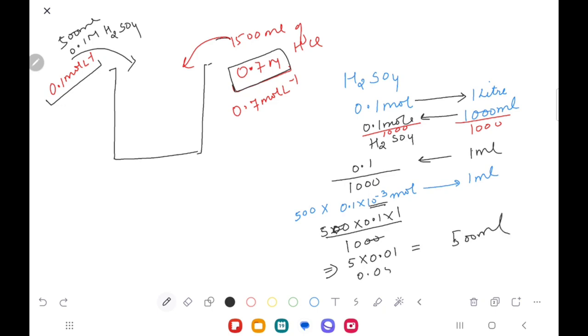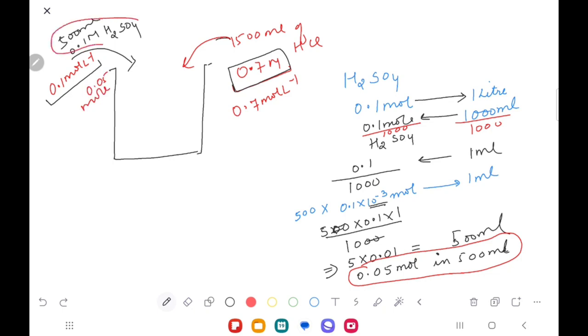So thereby it shall be 0.05 moles in 500 ml. Are you understanding my point? That is the concept. So my point here is that I have 0.05 moles of H2SO4 coming from this solution because I am adding only half of it.